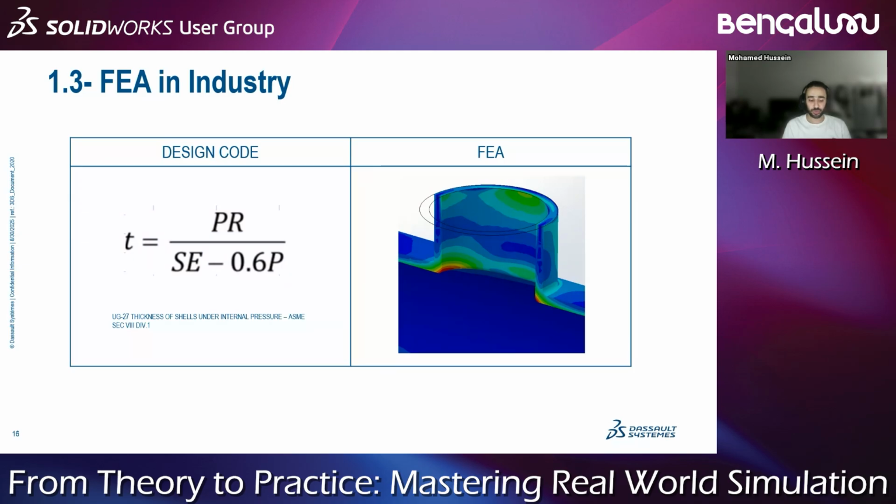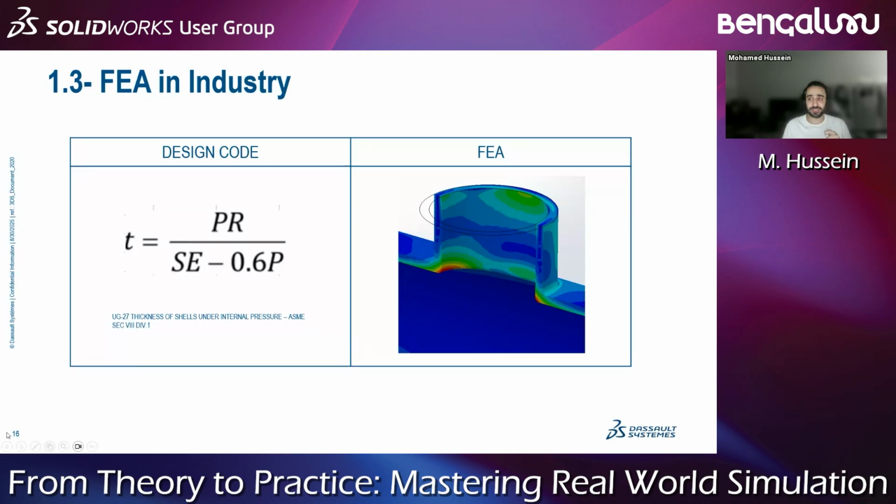So far, what we have checked is that before taking the decision, you need to check whether there is a design code or design standard, or a recommended practice, for example, that I can check to get the results I'm looking for.